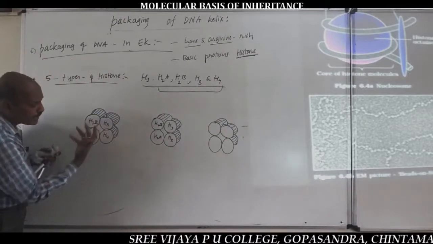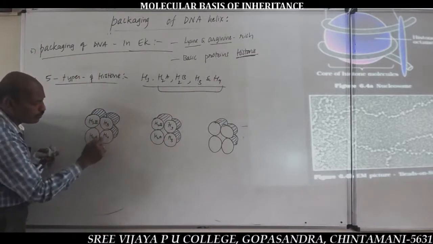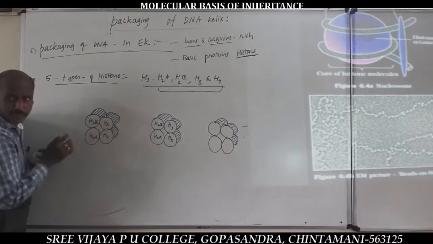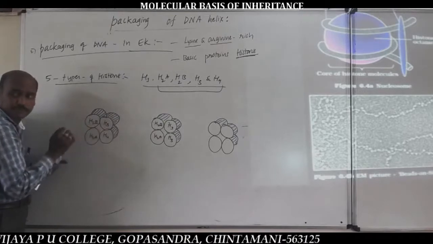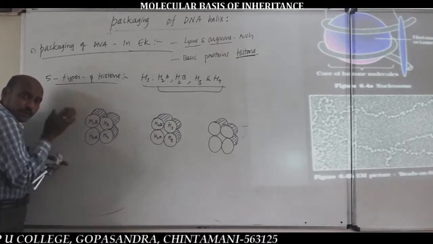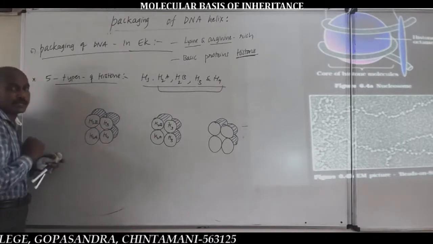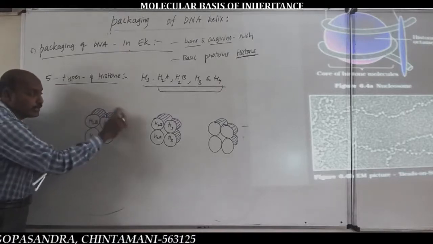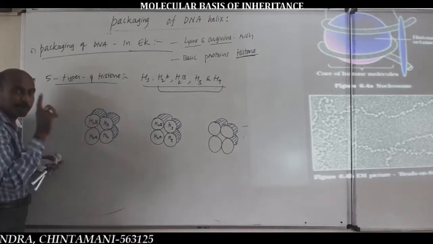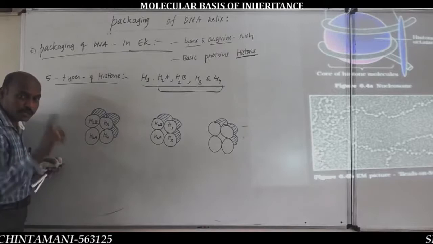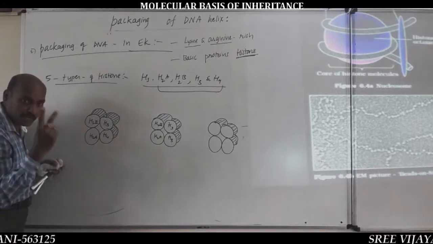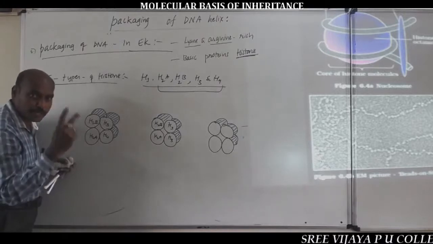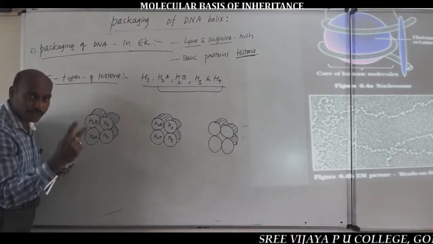Say, in the front view, 4 histone proteins are organized. In the back view, this is the back view diagram, the remaining 4 histone proteins are there. So totally 8 in number. But each histone protein exists in 2 copies: a pair of H2A, a pair of H2B, a pair of H3 and a pair of H4.